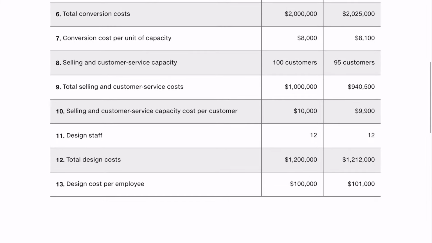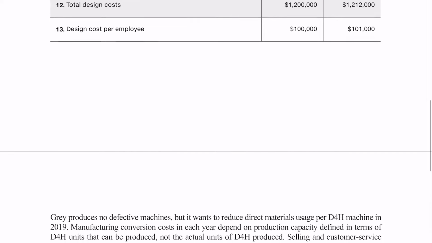Total selling and customer service cost 1 million, and in 2019 it is 940,500. Selling and customer services capacity cost per customer 10,000, and then in 2019 it is 9,900. Design staff 12 each year. Total design cost 1.2 million and 1.212 million in 2019. So design cost per employee is this.